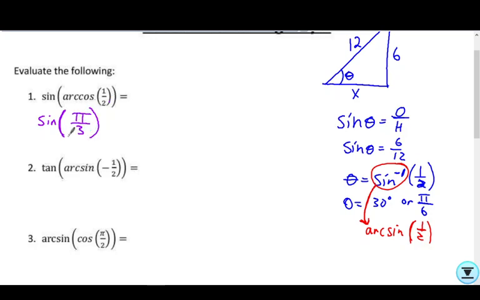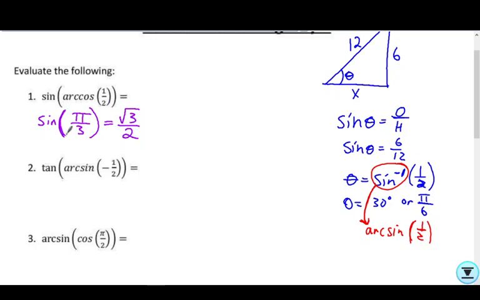Remember, arc cosine will only give us back first and second quadrant values. And now, this is sine at pi over 3. What is sine at pi over 3? Well, that's the square root of 3 over 2. And that's our answer. So that's one way of solving this, where you evaluate the inside function first, then evaluate the outside function.